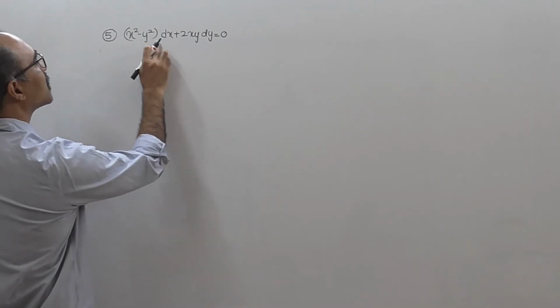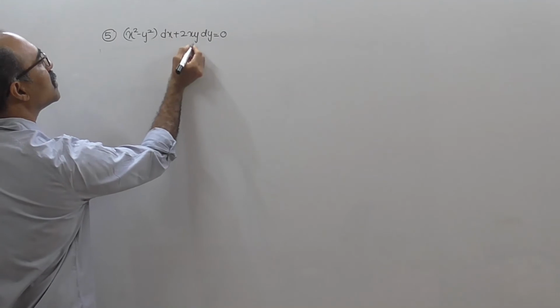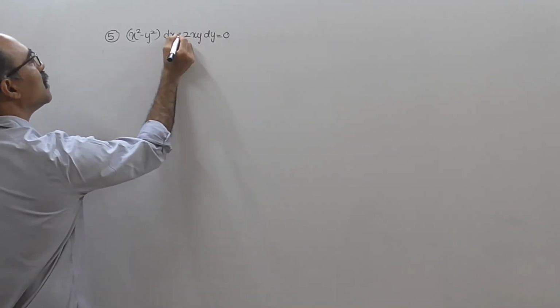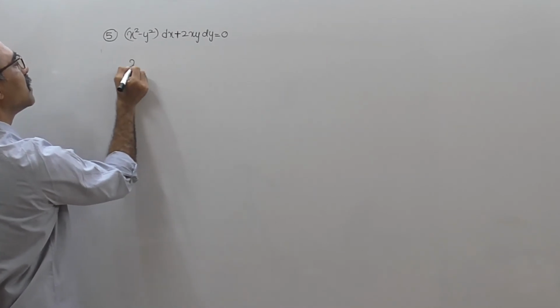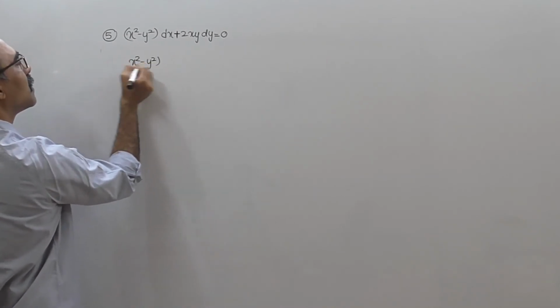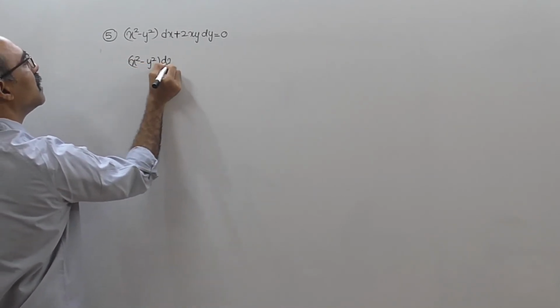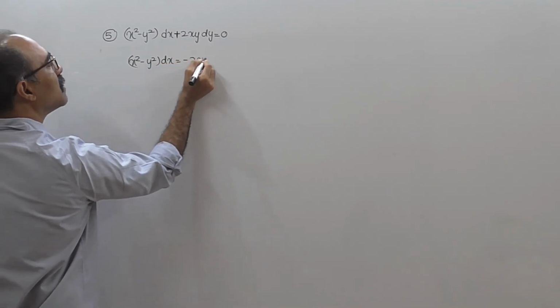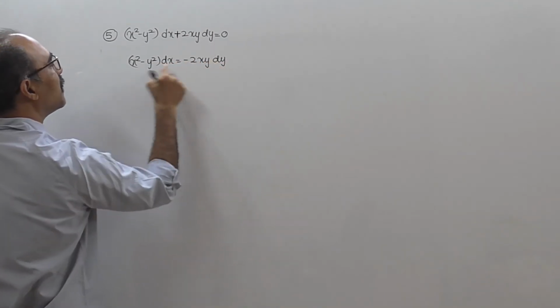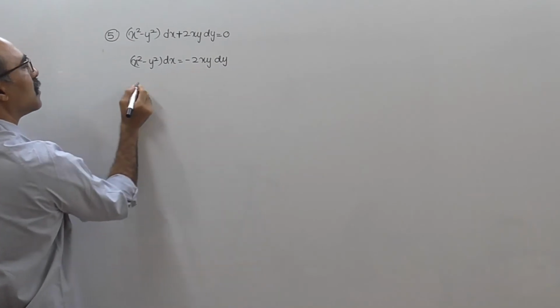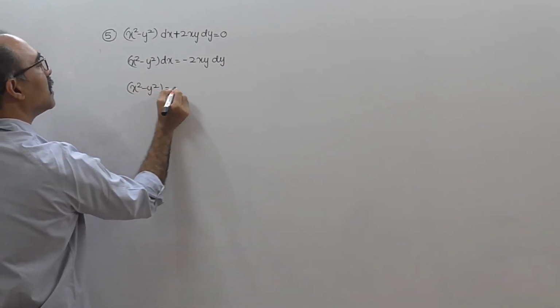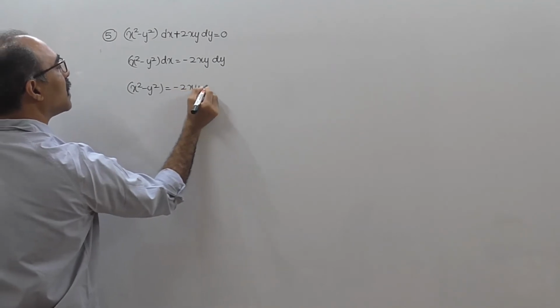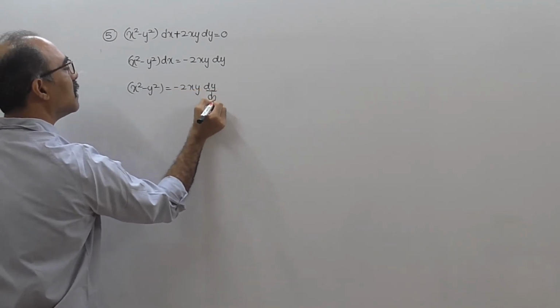So the fifth sum is x square minus y square dx plus 2xy dy equal to 0. So what you do is, first you create dy by dx. I'll say that this is x square minus y square dx equal to minus 2xy dy. Now you push that dx down. So you get x square minus y square equal to minus 2xy dy by dx.